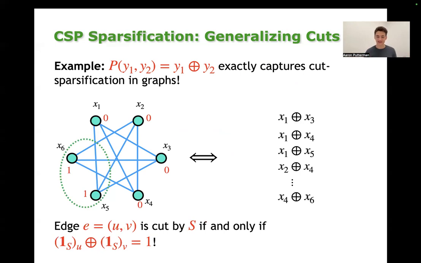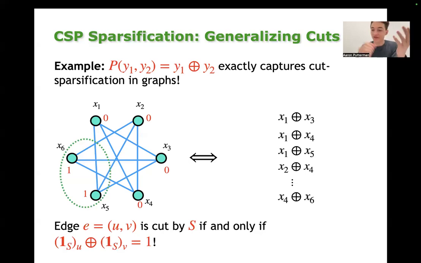If we look at this graphically, again, we have this set S, which contains vertices 5 and 6. Our claim is that an edge UV is cut by S if and only if the corresponding constraint evaluates to 1 when you're using the assignment that's the indicator vector for S. It's a pretty intuitive statement if we look at the picture.